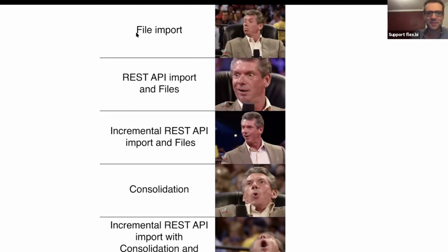You just had to import with files. Then we added REST API. Now we have incremental import, and you can put it all together. It's just amazing, I think. There are a lot of ways to import your data right now.